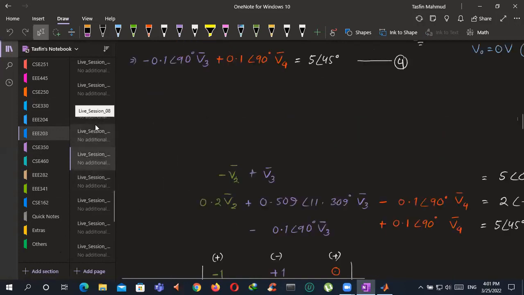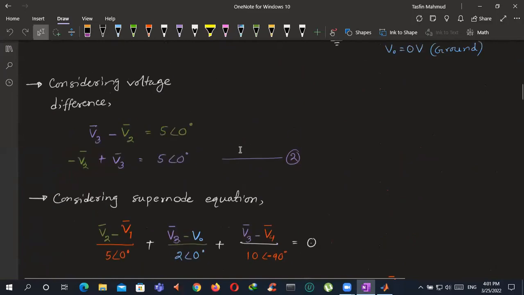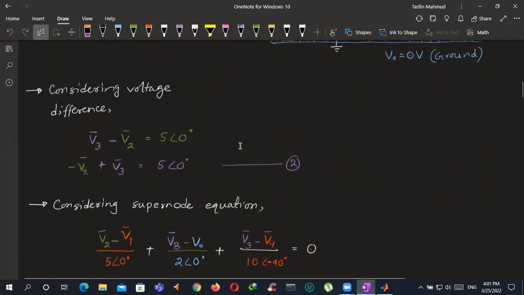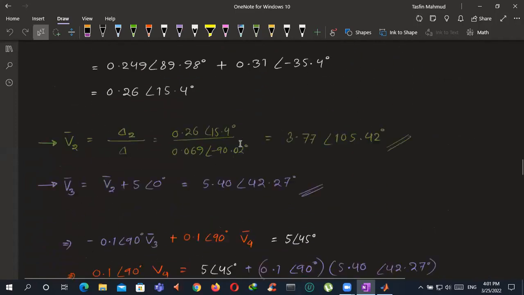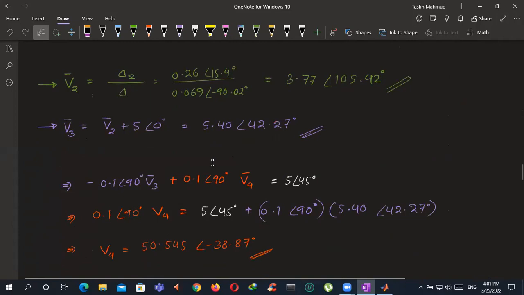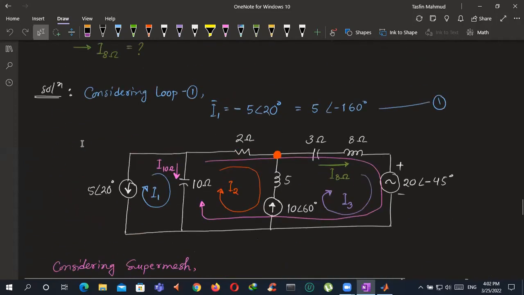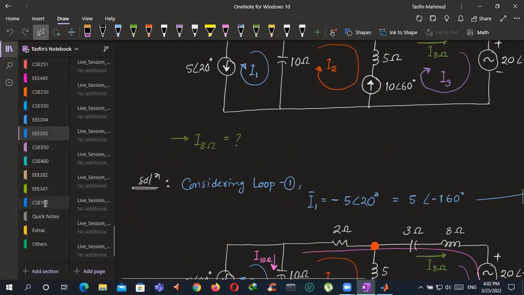We need something with j. I guess we consider the phasors here only, right? Okay, let's assume we have a system of equations that looks like this.